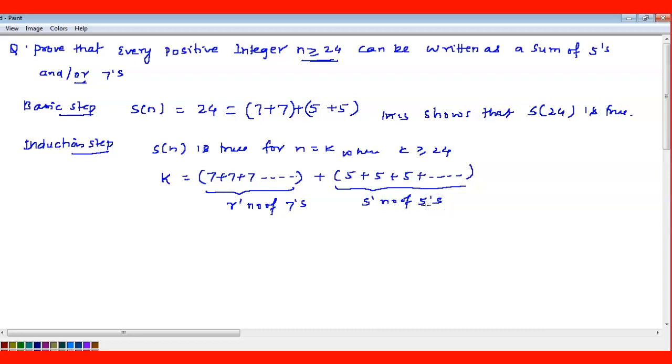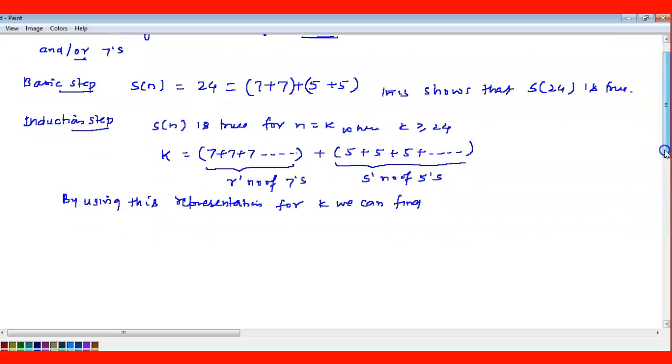Any doubt till here? What I am telling here is k is any number I have taken which is greater than 24, and we are able to express this k also in terms of 7 and 5, as we consider 7 is r times, r number of 7s, and the 5 is s number of 5s. So using this representation for k, we can find the representation for k plus 1.